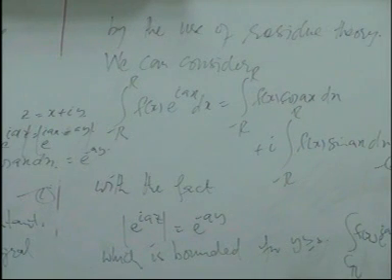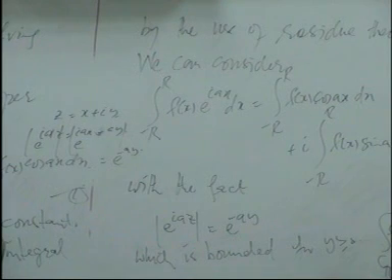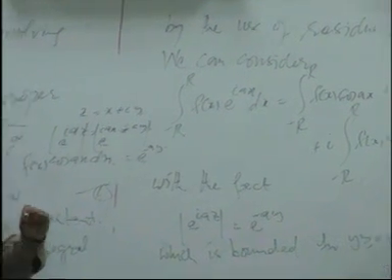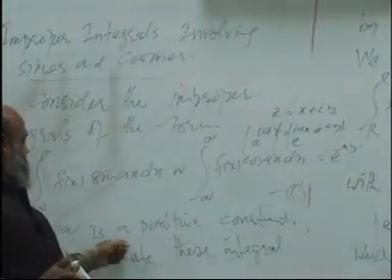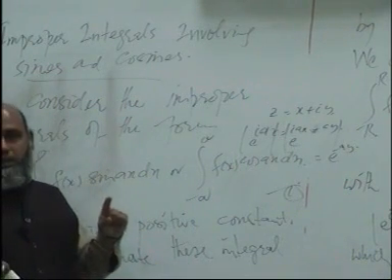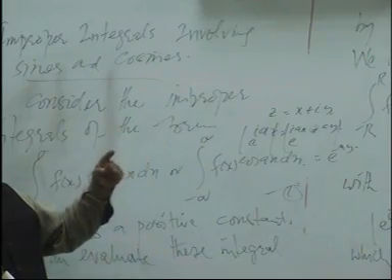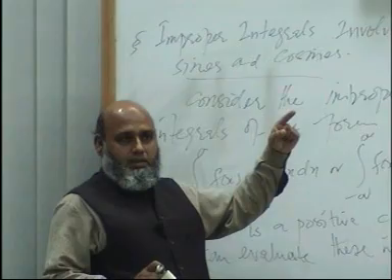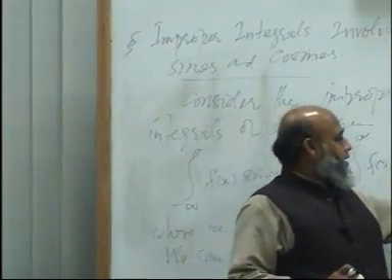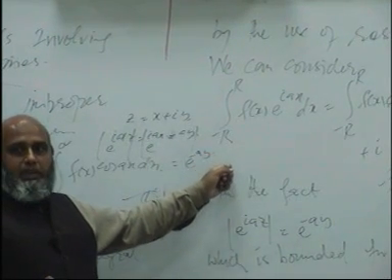Now this exponential minus ay, we are putting a restriction on the value of a: that is a constant, but this constant is taken to be positive. If this is positive, and if y goes to infinity on the positive side, then e power minus infinity will be 0.